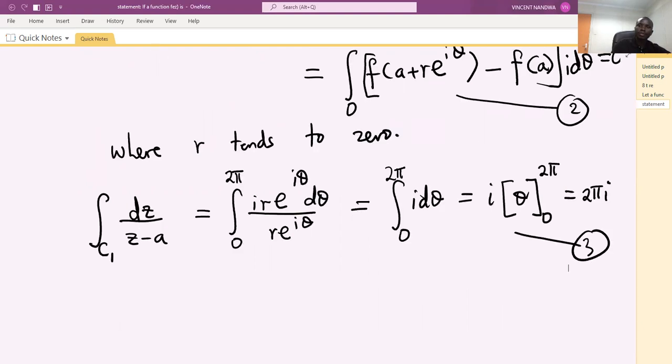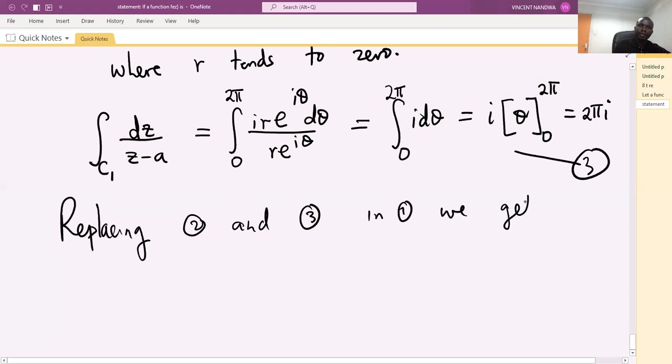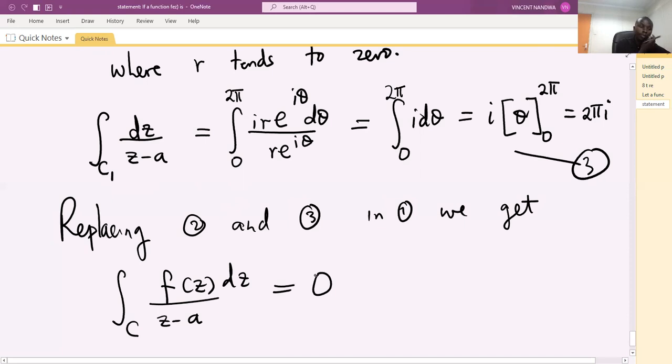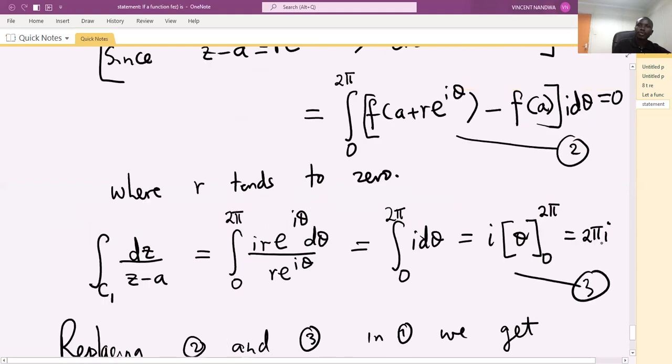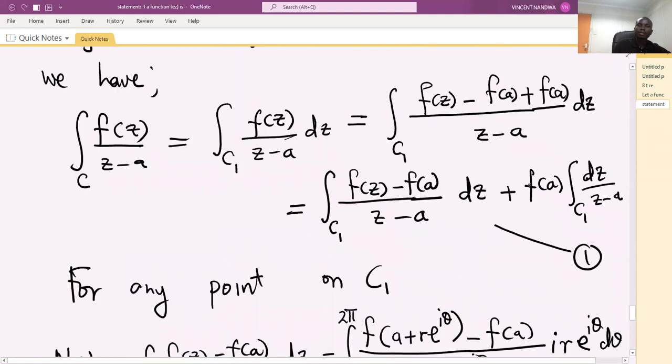So replacing 2 and 3 in 1, we get the integral along C of f of z dz over z minus a is the same as the first integral, which is 0, plus, remember this is 2 pi I, but we had another constant f of a.